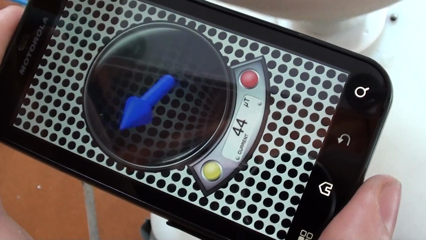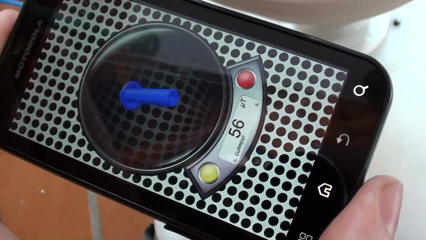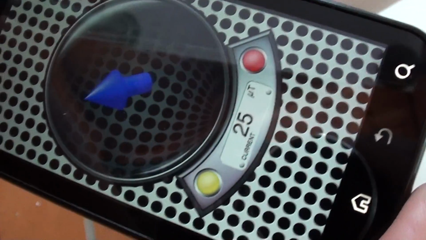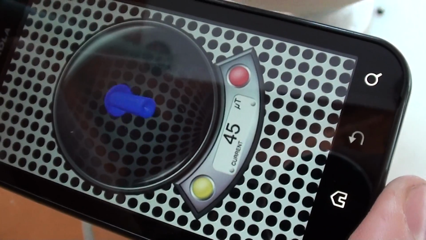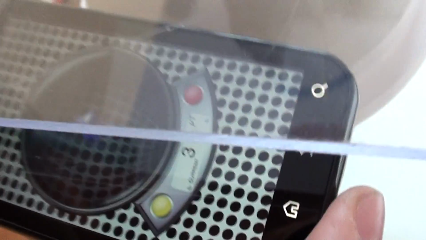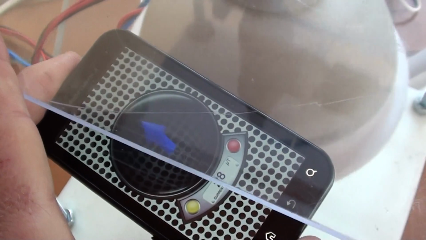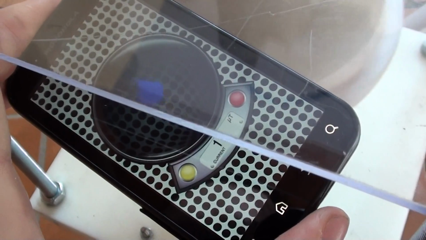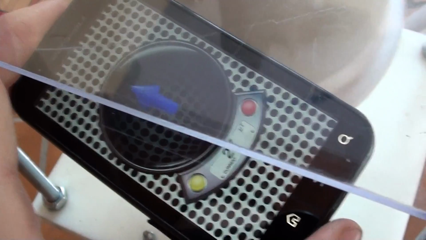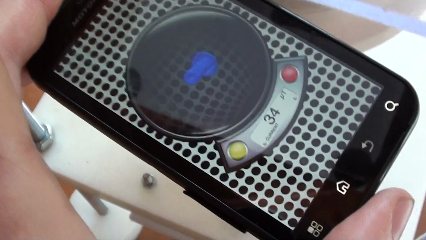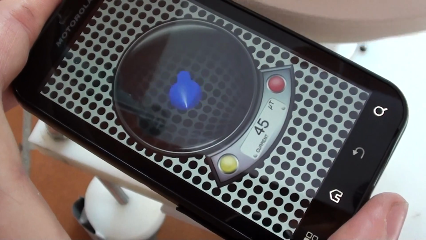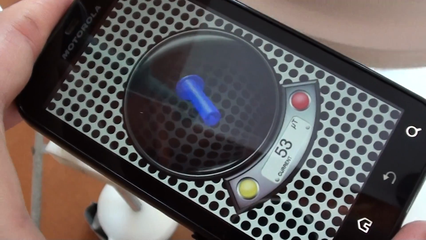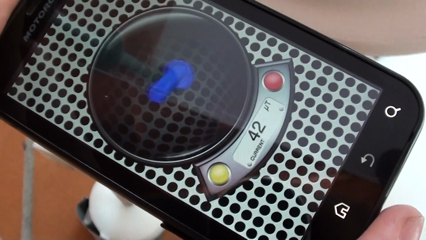So the field is oscillating quite strongly, as you can see. We have nice rotating magnetic fields here.